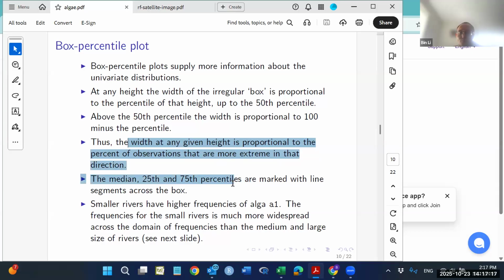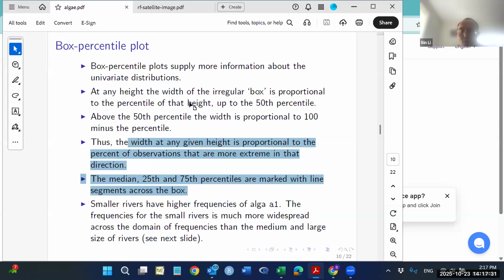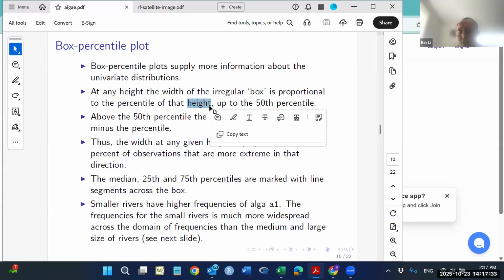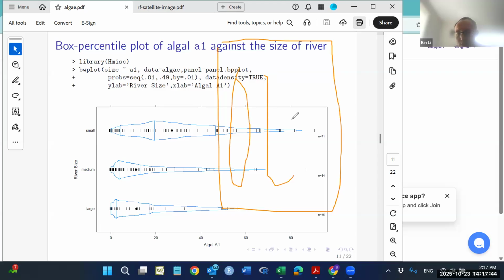Okay, so the median, the 25th and 75th percentile are marked with line segments. Here the height, the one that I called height, should be shown vertically, so it should look like that. But here, when I show it horizontally, the height is really the x-axis.